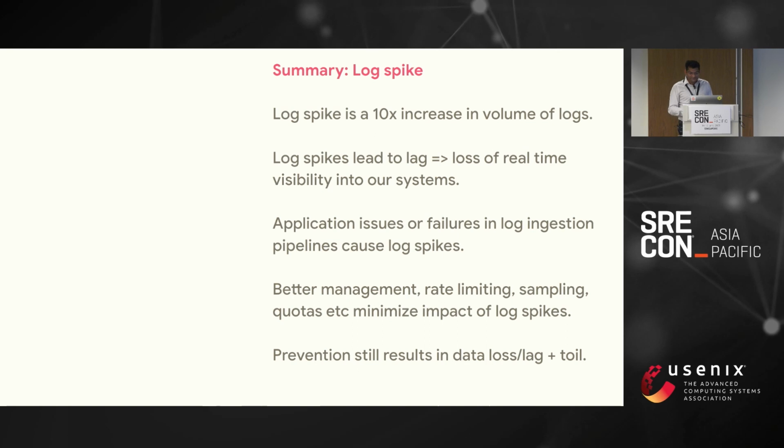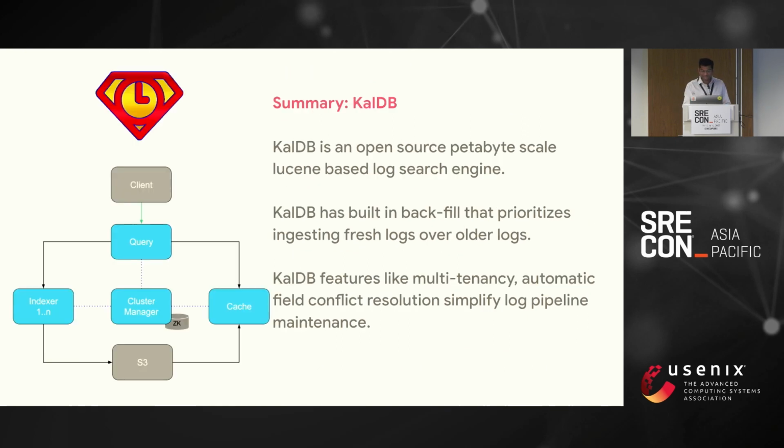And you can minimize or manage these by applying techniques like sampling, rate limiting, and quotas. And these are all preventative techniques. And if you have a bigger spike despite all these preventions, it either leads to toil or you have data loss or lag.